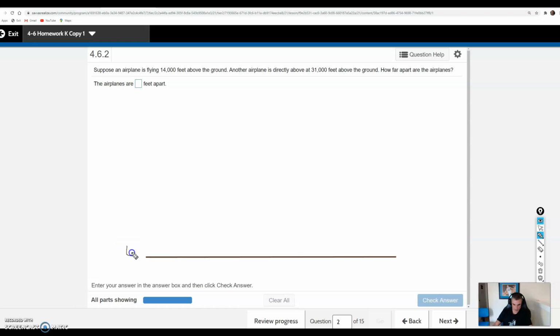And I'll even write that it's the ground, and the ground is at 0 feet, right? It's kind of our starting point. So I'll even put a little 0 feet over here. And we have one airplane flying at 14,000 feet. So I'll draw one arrow, and then I'm going to draw an airplane. You guys will see that I'm an amazing artist. So here's one airplane.